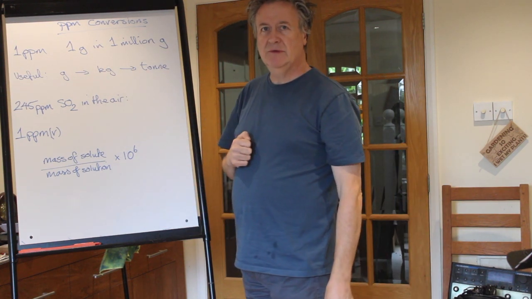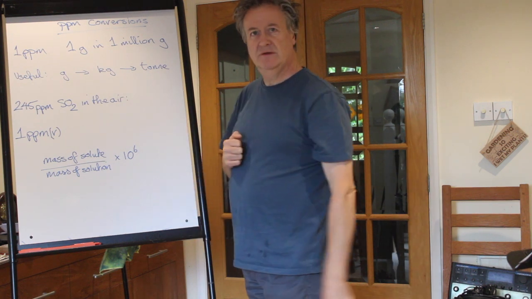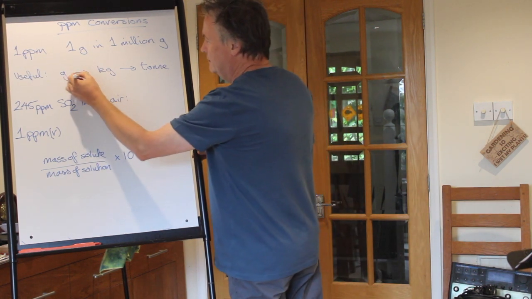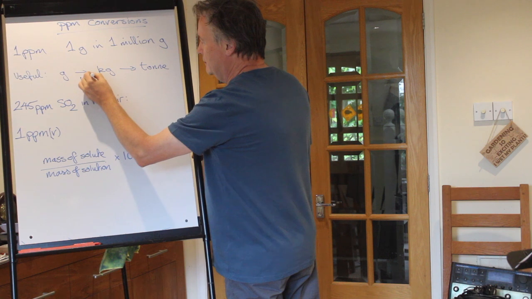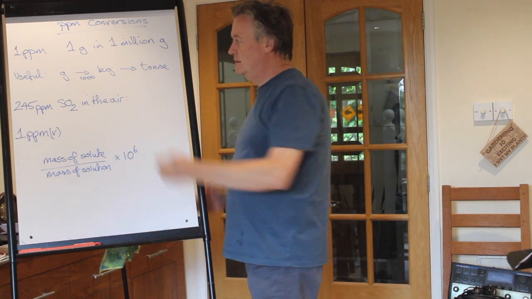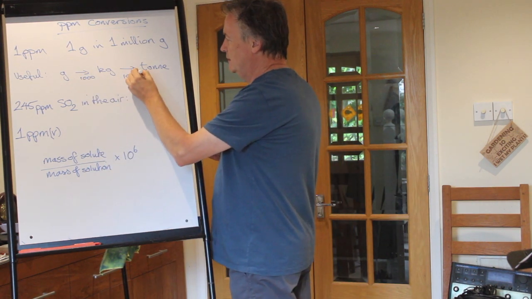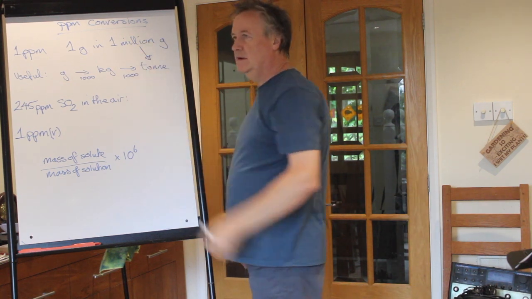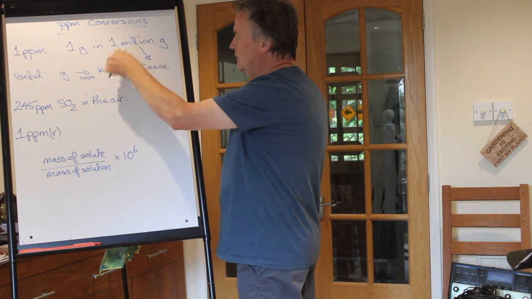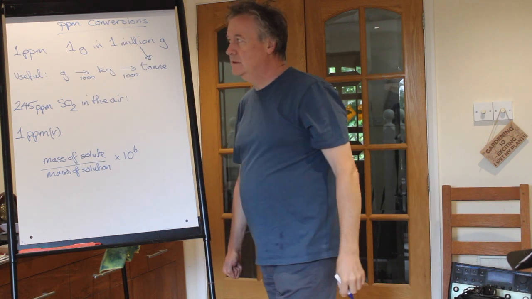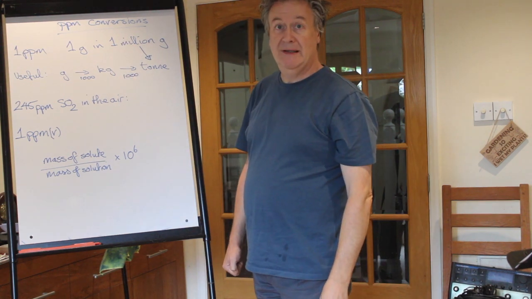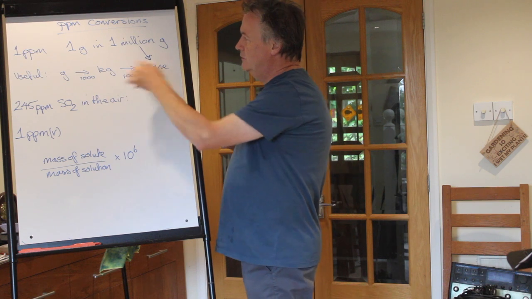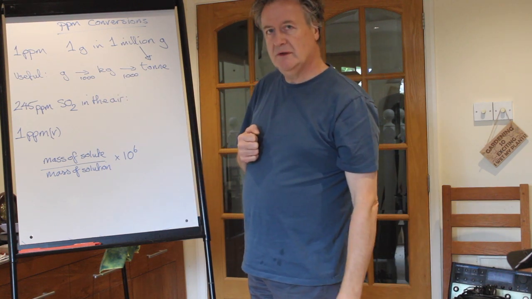It's useful to be able to interchange these. There are 1,000 grams in a kilogram and there are 1,000 kilograms in a tonne. So therefore 1 million grams is 1 tonne, so 1,000 kilograms or 1 million grams. You need to be able to interchange those.